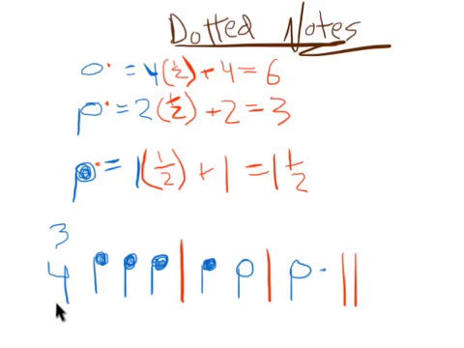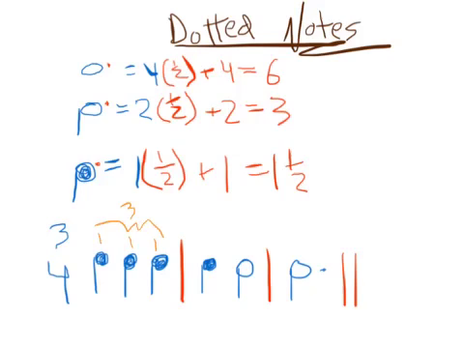Here is an example where you're going to use the dotted half note. In 3/4 time, which means there are 3 quarter notes in a measure, the dotted half note is used for a full measure. Because there are 3 quarter notes in a measure, how many beats does that give us in a measure? Well, we should know by looking at the top number that the answer is 3. 3 quarter notes, each getting 1 beat, gives you 3 beats in a measure.